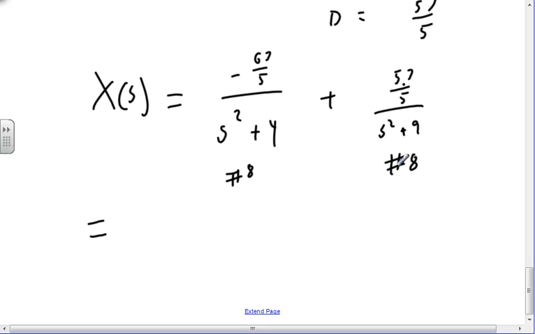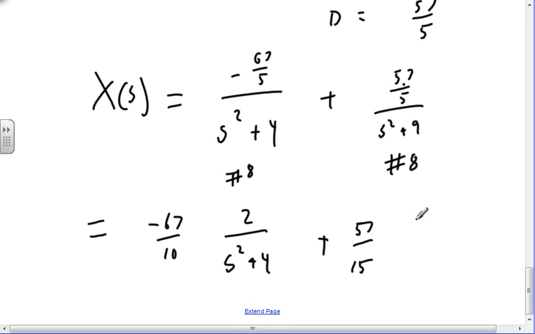So in order to have a 2 on top, this is going to be minus 67 over 10 times 2 over s squared plus 4. And in order to have a 3 on top, this is going to be 57 over 15 times 3 over s squared plus 9.